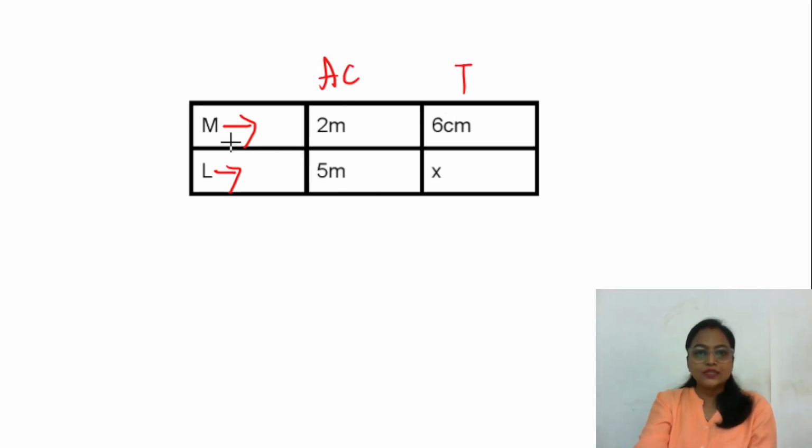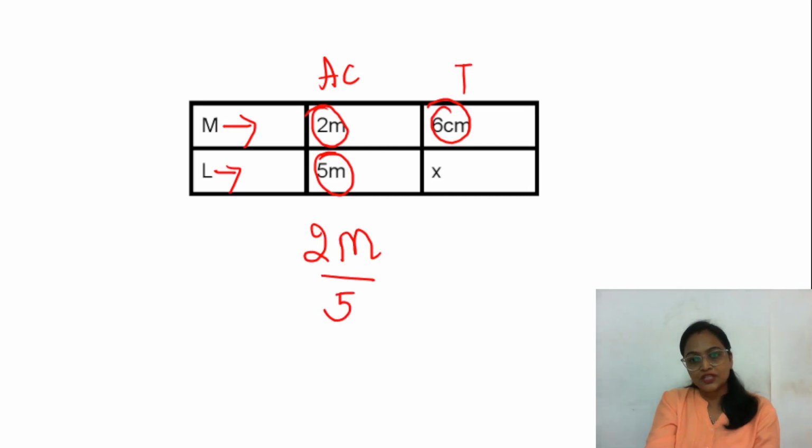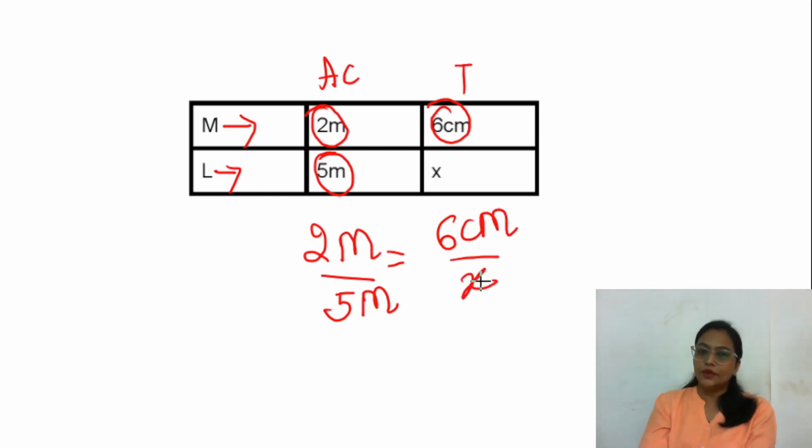The actual Almira's mirror is 2 meters long, and the actual Almira's length is 5 meters. And the toy Almira's mirror is 6 centimeters long, and we have to find the length of the toy Almira. Now again they are directly proportional, so their ratio will be the same. So 2 meter by 5 meter will be equal to 6 centimeter by x, right?